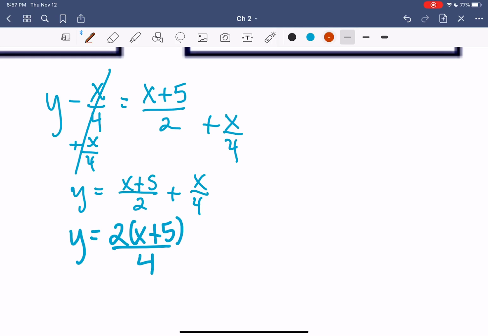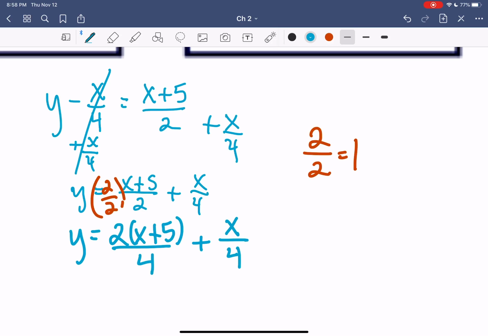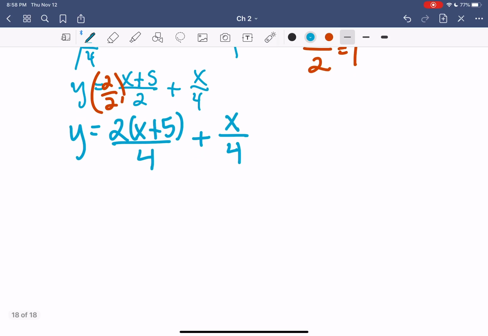So what I did, little side thing, is I just multiplied by 2 over 2, because 2 over 2 is 1. So it's equivalent. We really need to do equivalent stuff. All right. That's our next step there.